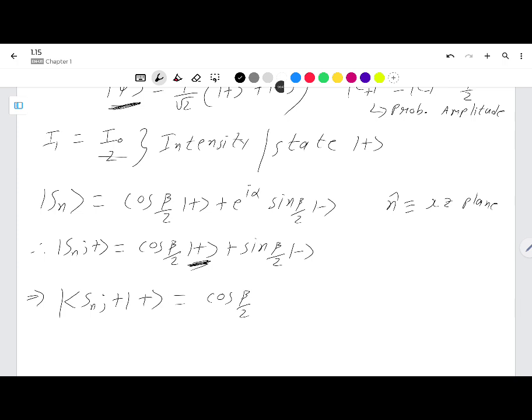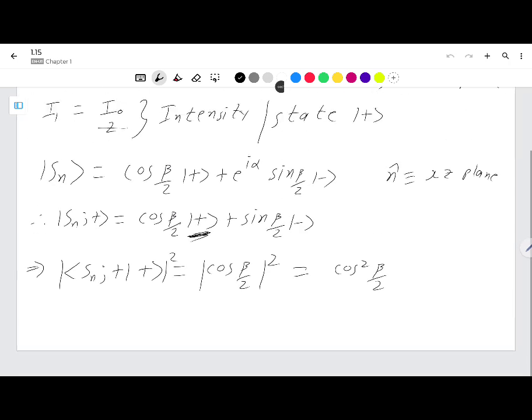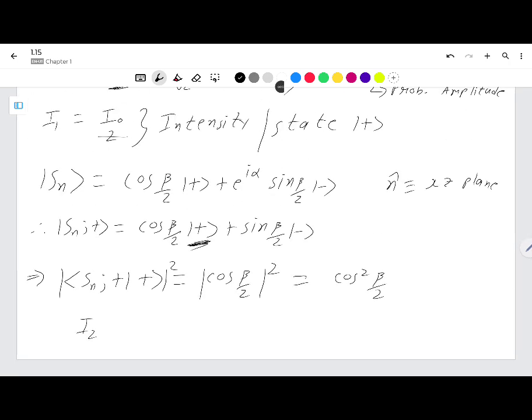But we are interested in the amplitude squared, so it will be cos squared theta by 2. So now the intensity I2 is what? It is I1 times cos squared theta by 2.